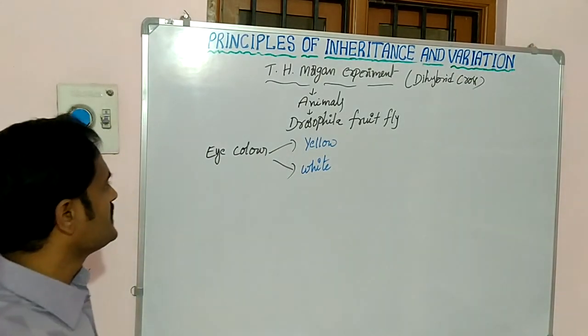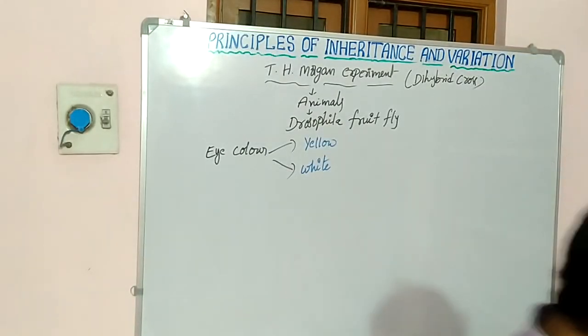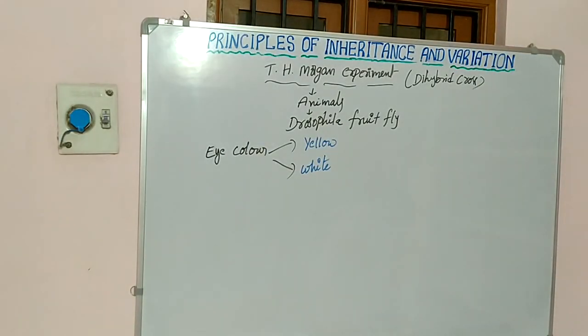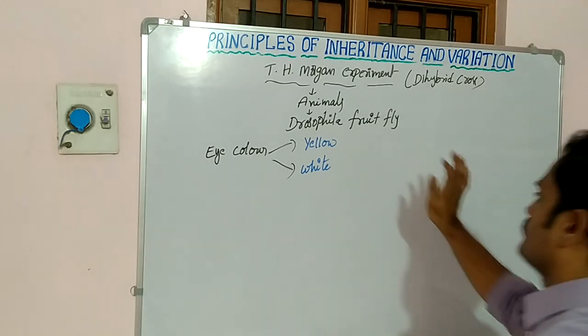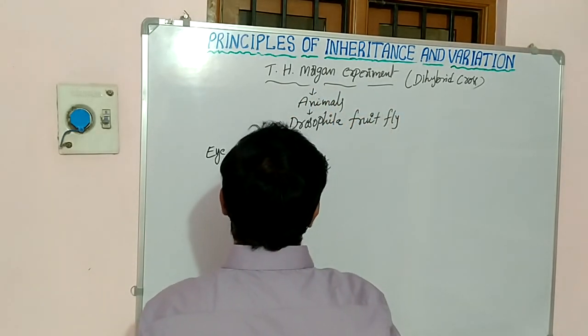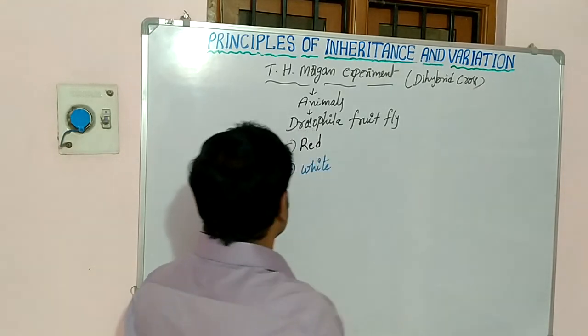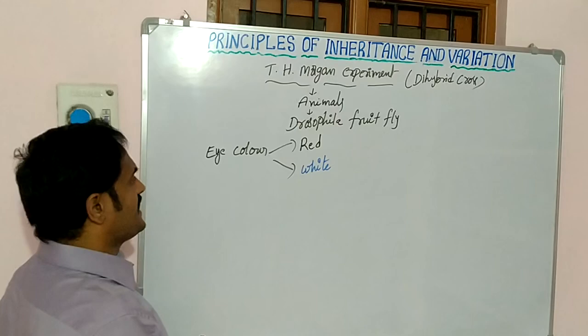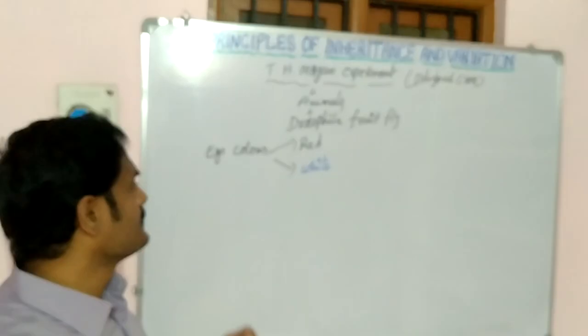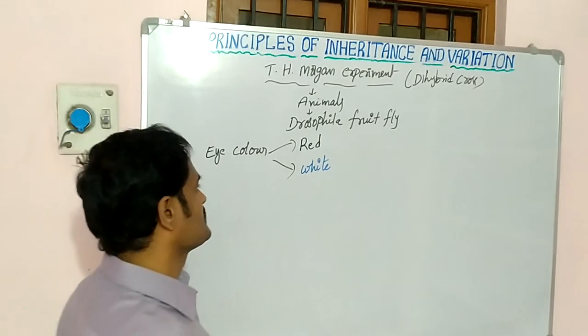Sorry, red. One is called red. Red color eye is dominant, remember, and white color eye is a recessive character.